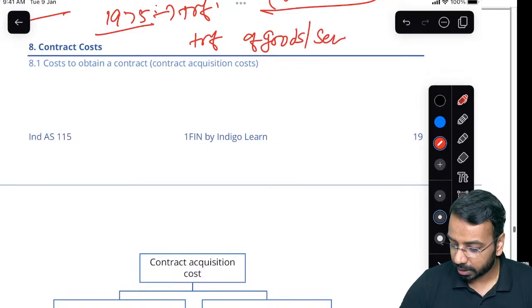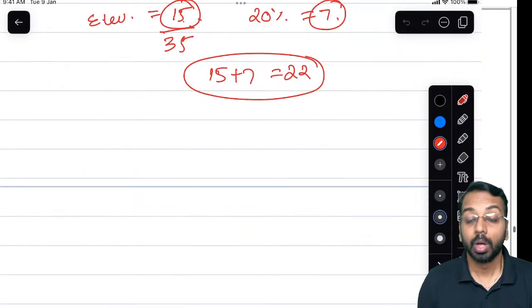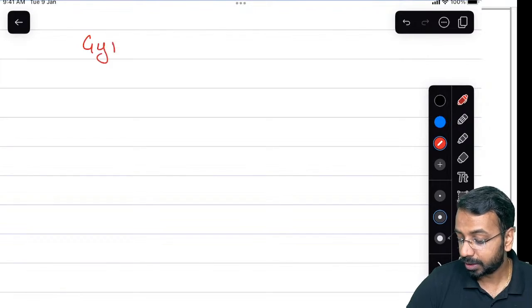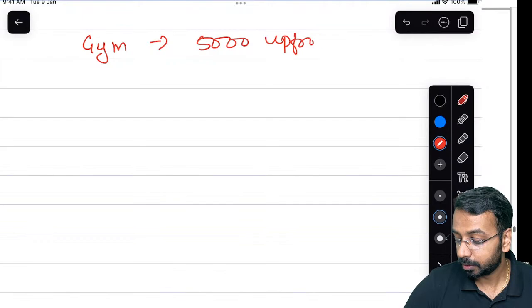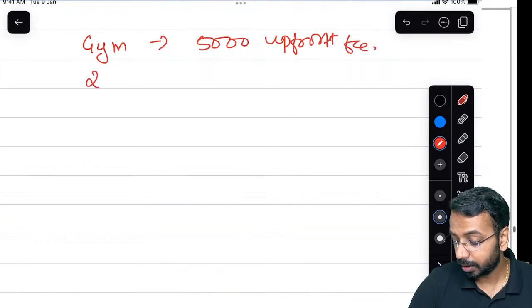Now, one more aspect, I think quickly I should inform that also. One more aspect, if there is, let us say, a gym which charges 5,000 upfront fee. Okay, 5,000 upfront fee for 2-year membership.